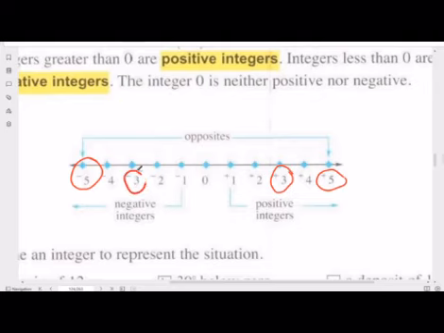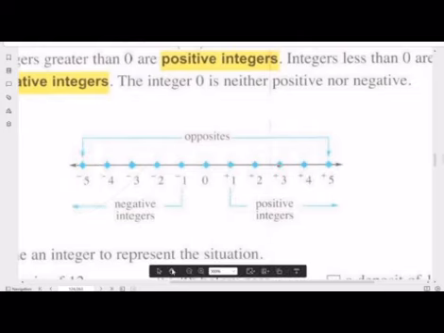It is -3. If the question says, what is the opposite of positive 1? The opposite is -1. So each positive integer has a negative integer, okay? Or we can say for each negative integer, we have a positive integer. It is the same.